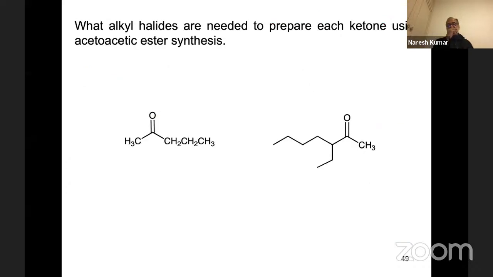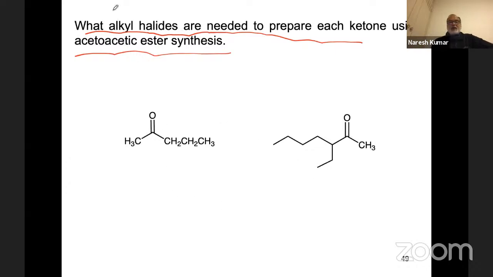Okay, I have a question for you again. The question is, what alkyl halide or halides are needed to prepare each ketone using acetoacetic ester synthesis? So you're given 2 products and you're asked what starting alkyl halide or halides I will need to prepare these ketone compounds.